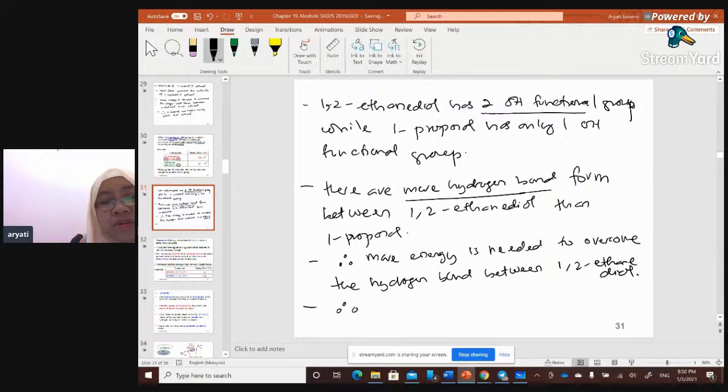So therefore 1,2-ethanediol has higher boiling point.